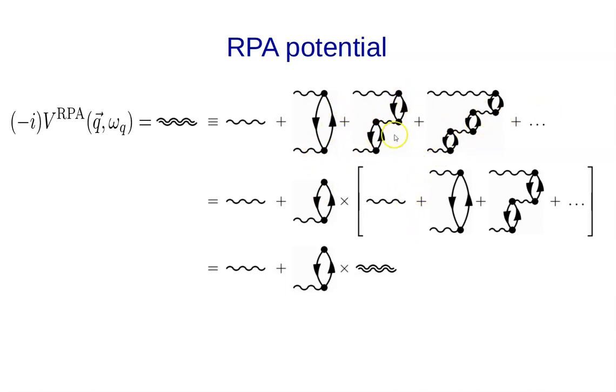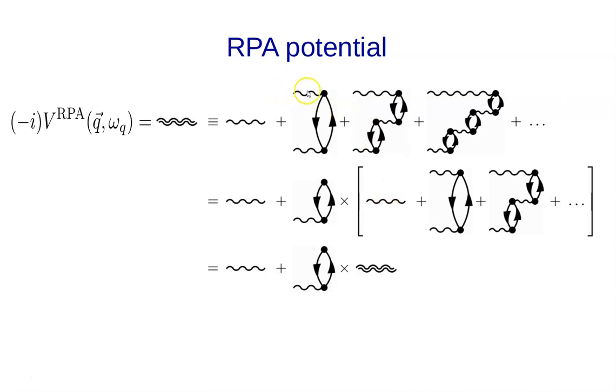Now notice that since this structure repeats itself, it's always a bubble diagram with more lines and more bubbles and so on. I can factor out one interaction line, one bubble diagram, times this wiggly line here, right?